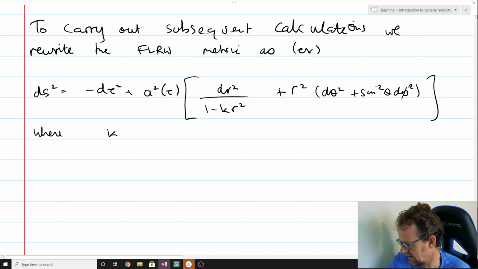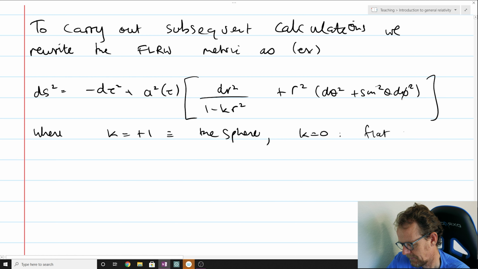Well, little k equals +1 corresponds to the spherical three-sections. Little k equals 0 corresponds to flat space sections, and little k equals -1 is the hyperboloid case.